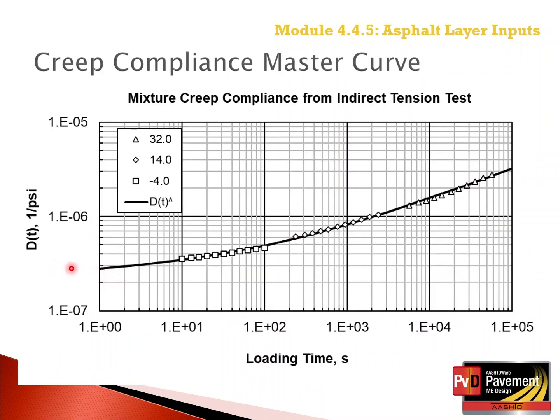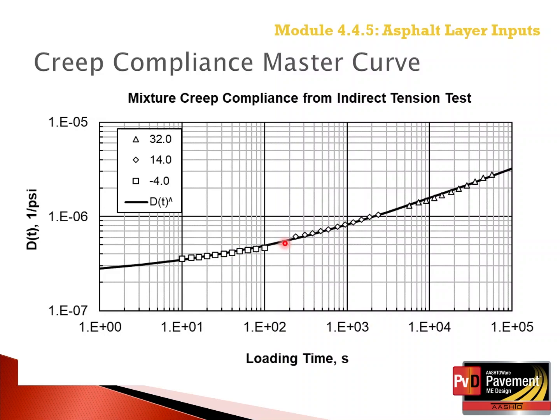This chart includes a graphical illustration of the creep compliance master curve. Like the dynamic modulus master curve, a sigmoidal shift function is used to determine the shift factors, and the coefficients from that shifting process are used within the PMED software. As the creep compliance increases, the ability to build up tensile stresses in the mixture as the temperature decreases is reduced.